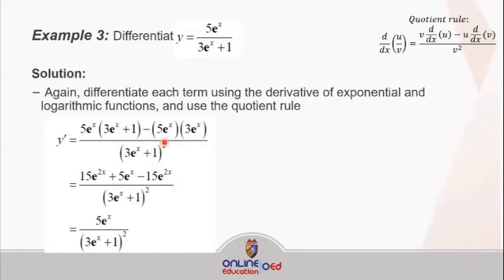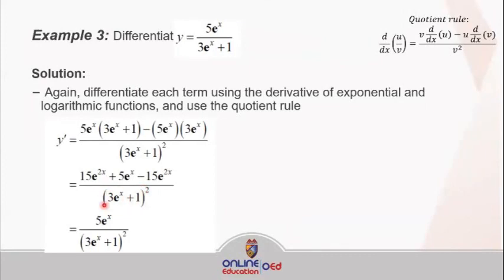Yan. And simplify lang natin yung problem. So we have here the 15e raised to 2x plus 5e raised to x minus the 15e raised to 2x, all over the denominator of 3e raised to x plus 1, squared na siya.